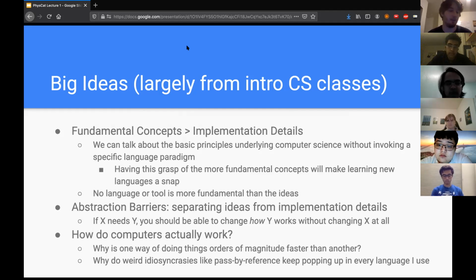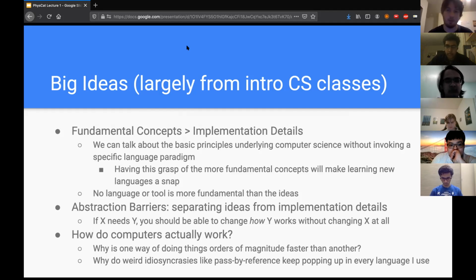We don't want what you learned in this course to become obsolete in 5-10 years, right? We want you to be able to continue to apply that and learn new things. So by getting some idea of the fundamental ideas underlying how things work, you should be able to, in 20 minutes, hopefully go into a new code base in a language that you've never read before and start at least understanding what's going on and maybe modifying it a little bit.